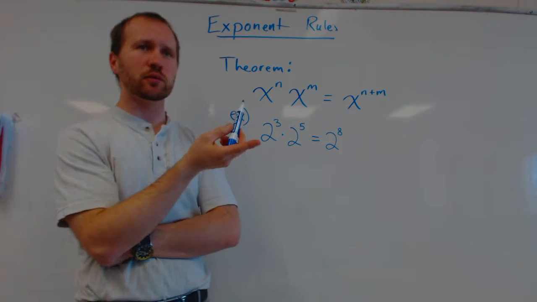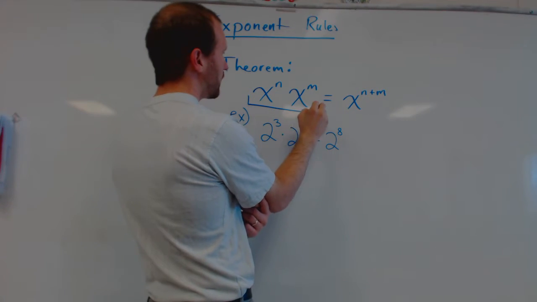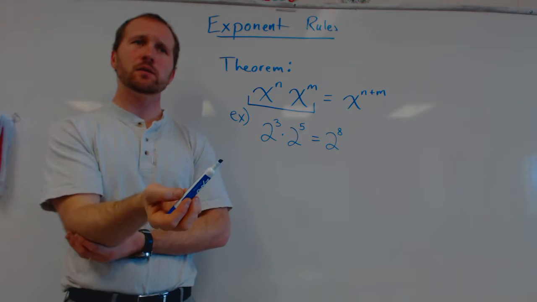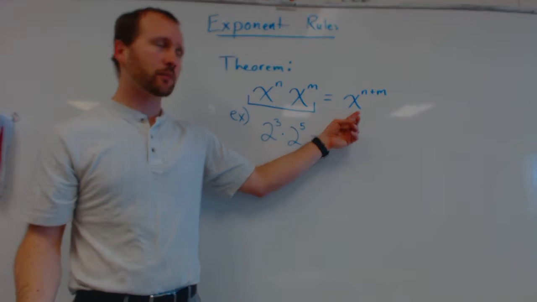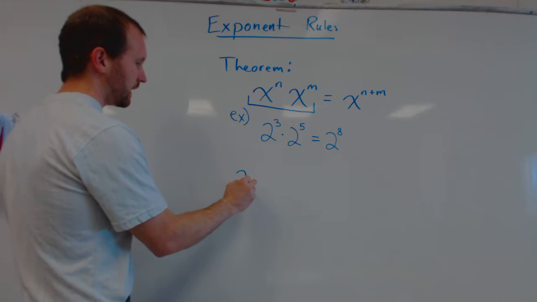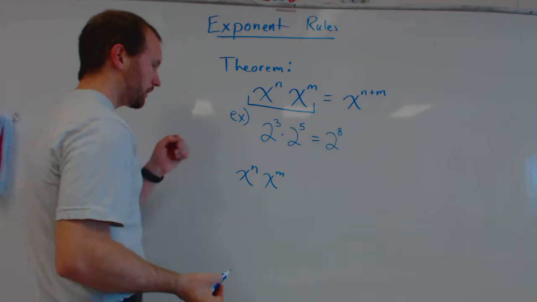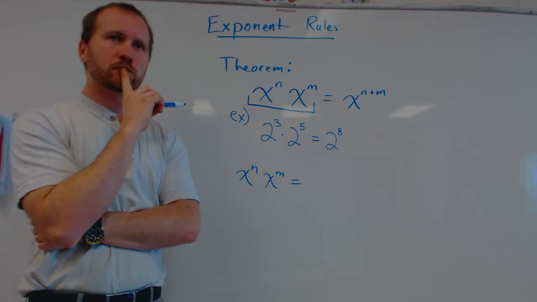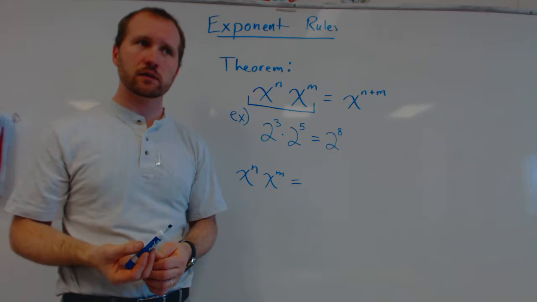Well, here's how we do a proof. We start with one side of our equation, and we use what we already know to try to get the other side of the equation. So I'm going to say this, x to the n times x to the m. What does that equal? Remember, the only thing we can use is the definition of an exponent.